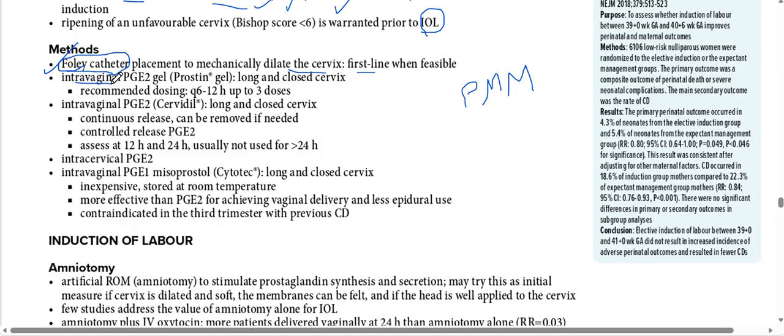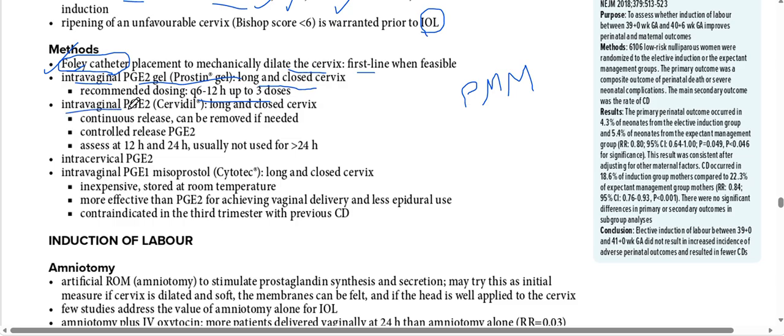Then intravaginal prostaglandin E2 gel, also called Prostin gel, is inserted, especially useful for a long and closed cervix. Dosing is every 6 to 12 hours, up to 3 doses recommended.